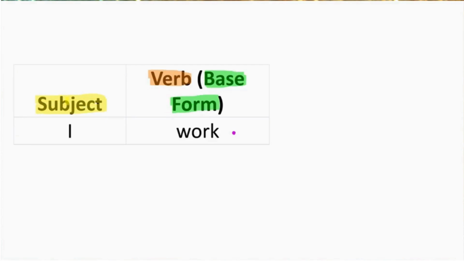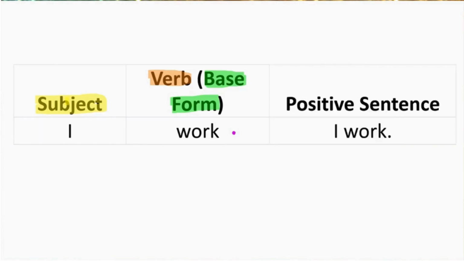If we use the subject I and the base form of the verb is work, we form a positive sentence. I work. It's a positive sentence. It's a complete sentence.